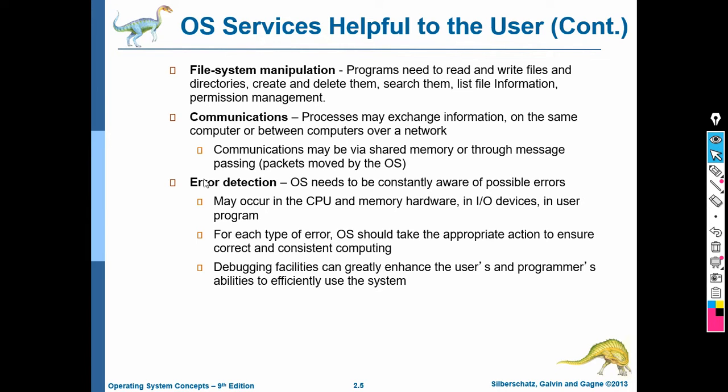And communication, to have communication among processes, to exchange information, right? It could be between computers or over a network, right? That can be done via shared memory or by sending simple messages, right? We'll see the different kinds of services or mechanisms that we have.